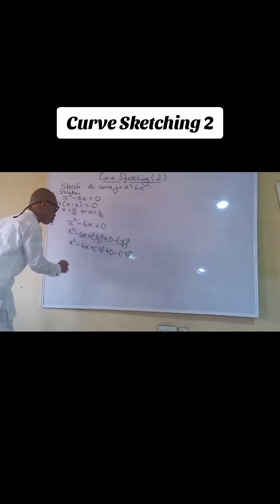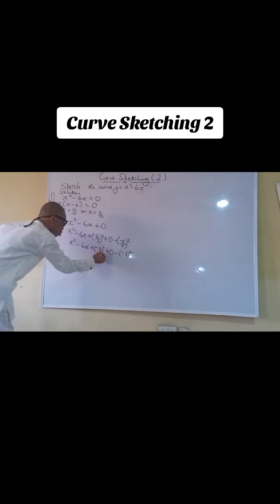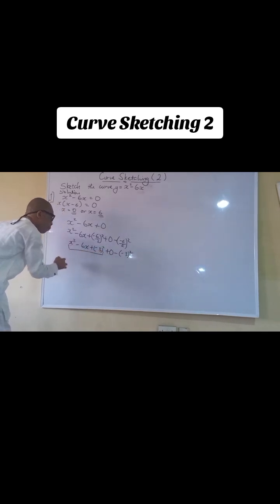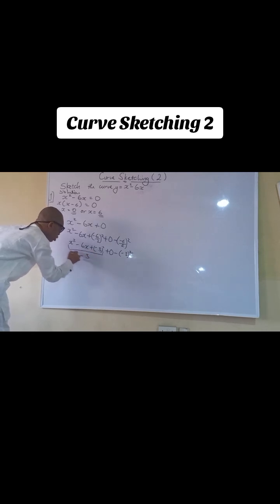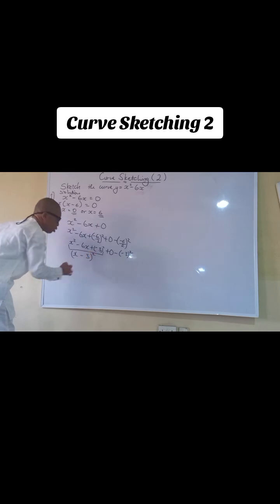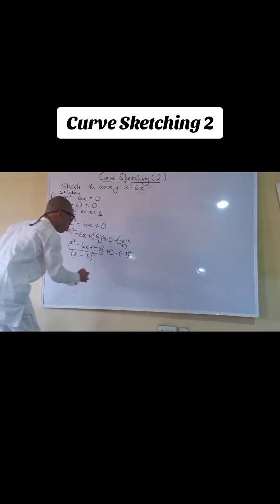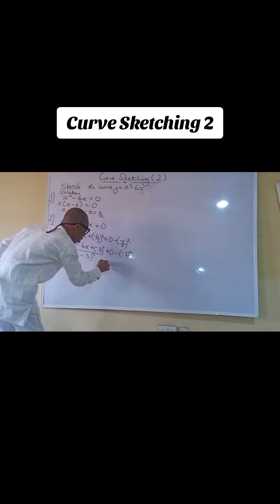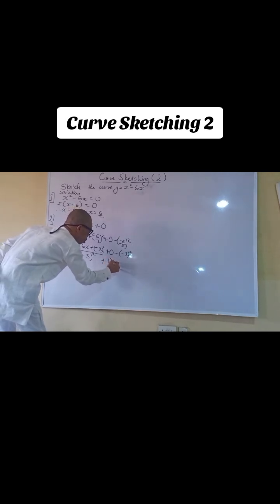Now let's complete this. So I have (x minus 3) squared, then I can continue: plus 0 minus 3 squared, which is 9.